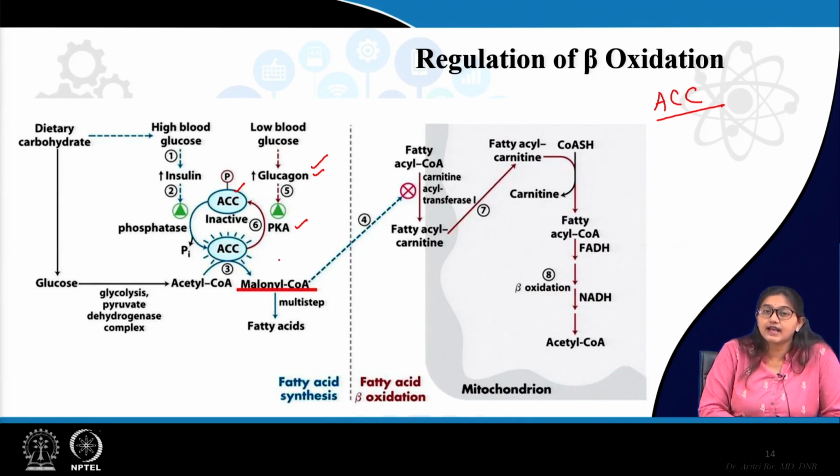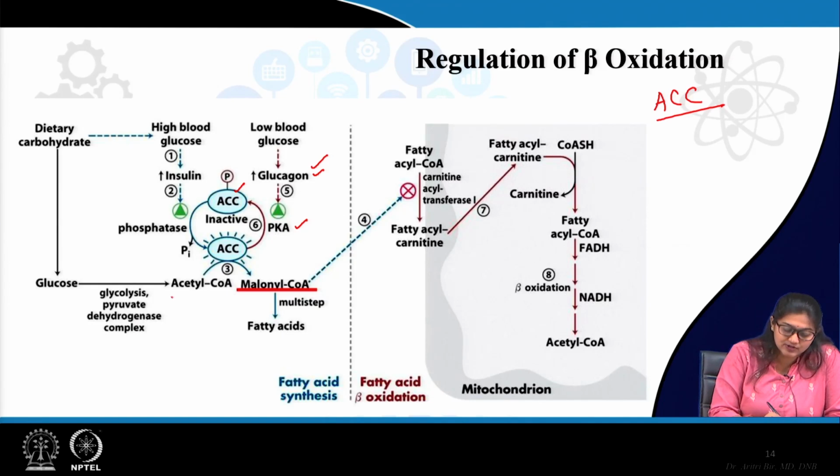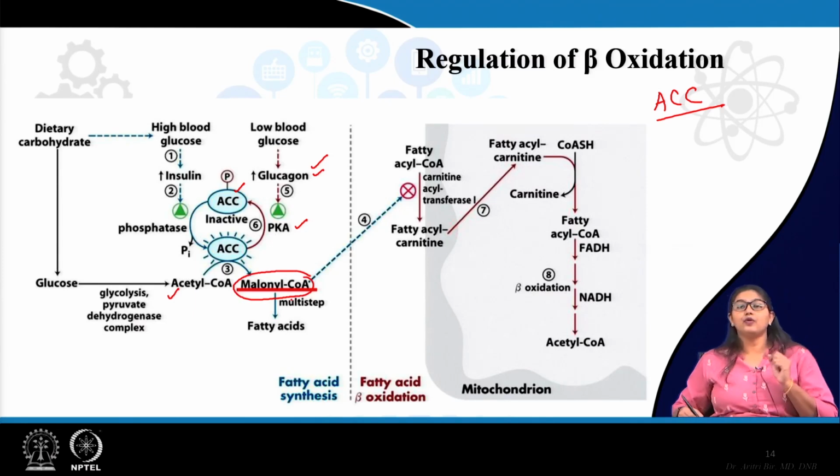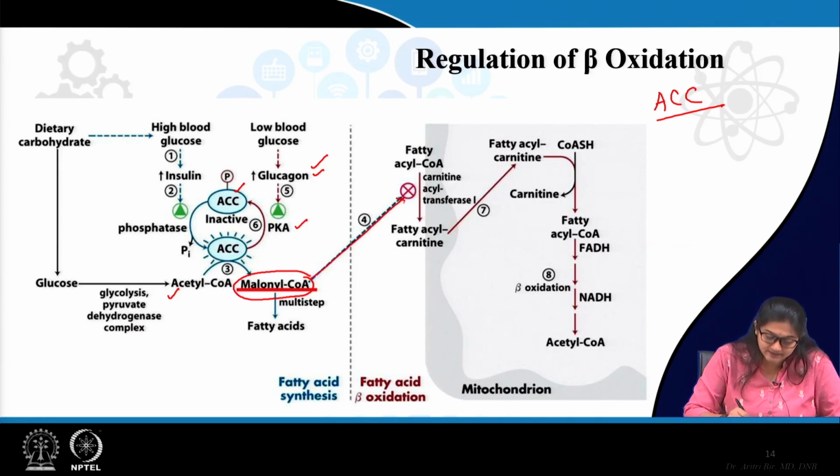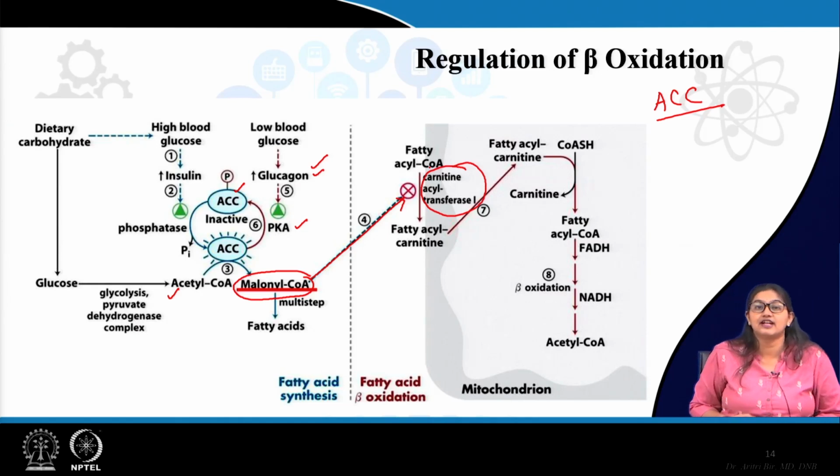Once there is activation of acetyl coenzyme carboxylase, acetyl coenzyme A is converted to malonyl coenzyme A. Malonyl coenzyme A is one regulatory biomolecule for beta oxidation. When there is excess production of malonyl coenzyme A, it inhibits the carnitine shuttle, carnitine acyl transferase 1.